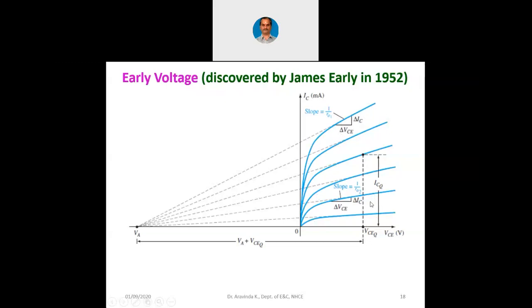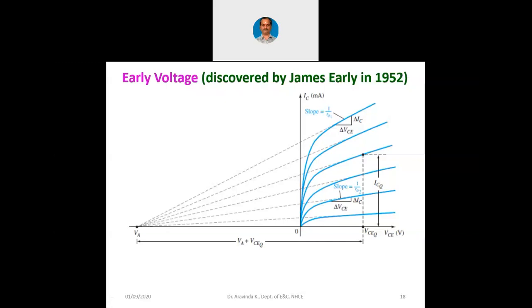But here you can see for each value of IB that resistance is going to change because the curves are not always identical. Now the criterion is whether we should consider the output resistance of the collector to emitter junction or not. In our earlier discussion, we only considered the collector resistance RC and load resistance RL. We did not bother about the internal resistance of the transistor between collector and emitter. Should we consider it or not is the question now.